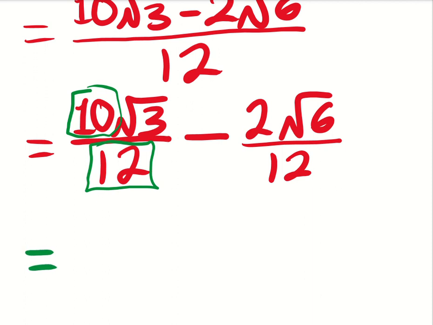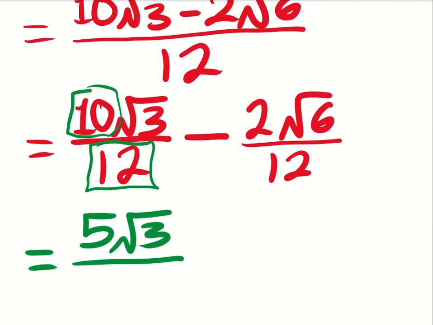So for 10 over 12, we're going to divide by the common factor that enters into 10 and 12 without leaving a remainder. And that number is what? Is just 2. So meaning that I can say 10 divided by 2, which is going to give me 5. So I'm going to have 5 the square root of 3. Then over what?